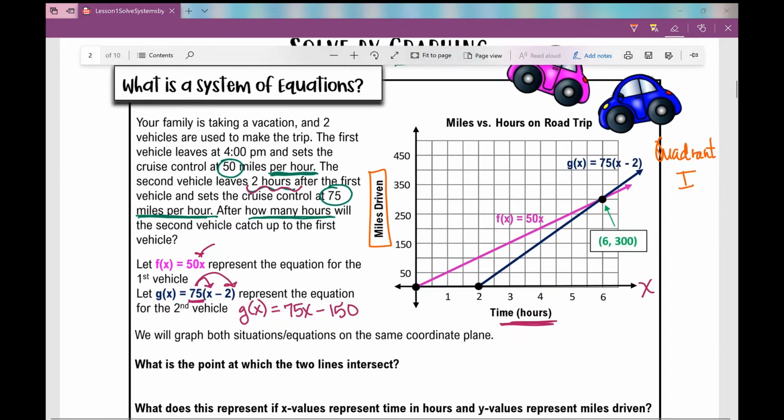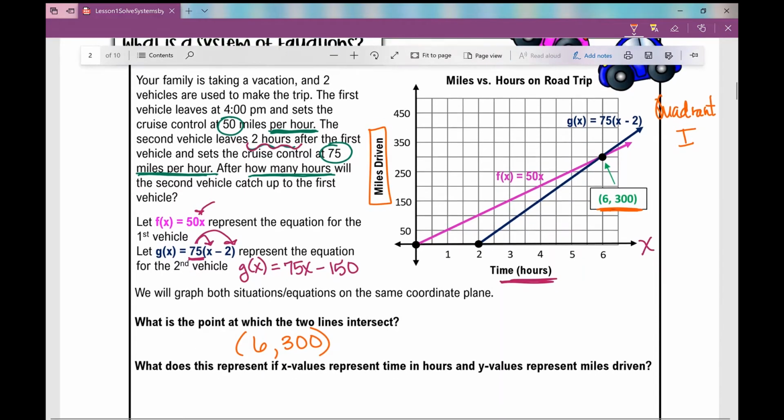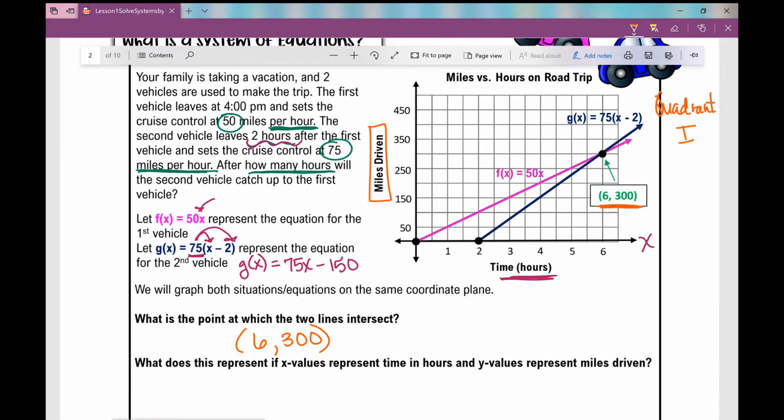Okay. So what is the point at which the two lines intersect? Well, I've got that here for you. They intersect right here, that little dot right there, and it's (6, 300). That's the point at which these lines intersect. Well, that point of intersection represents something. What does it represent? Well, we know our ordered pair is x comma y.